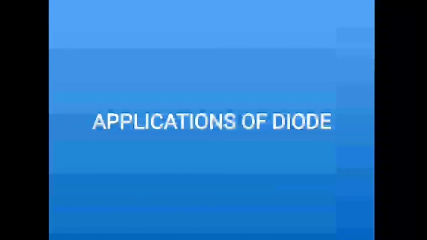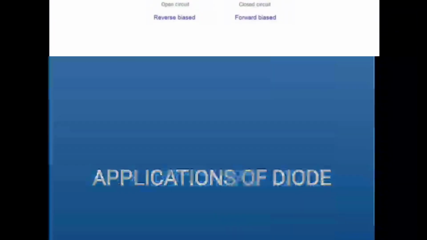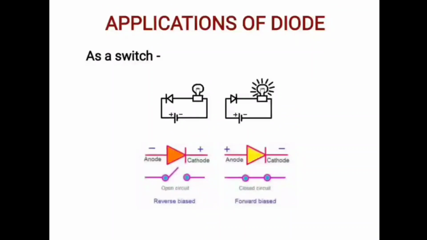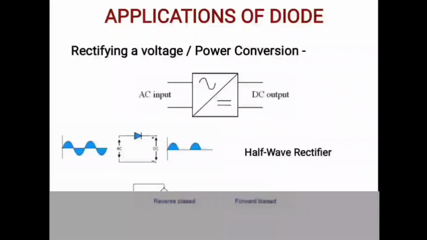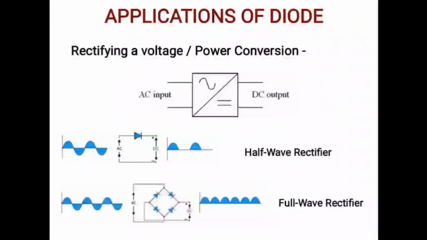Let us understand some common and important applications. As a switch, as a diode allows current to flow only in one direction, it acts like a one-way switch. As a rectifier, we know that commercial electrical energy is available in AC form, but most electronic gadgets require DC form.